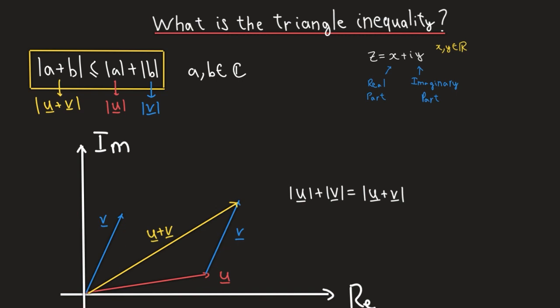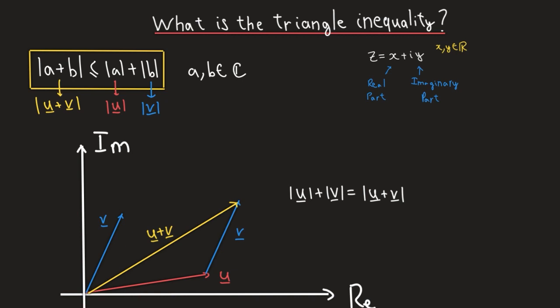And so that is why we call this inequality the triangle inequality, because essentially what it is telling us is that if we choose any side of a triangle, well, its length will always be less than the sum of the two other sides of the triangle.